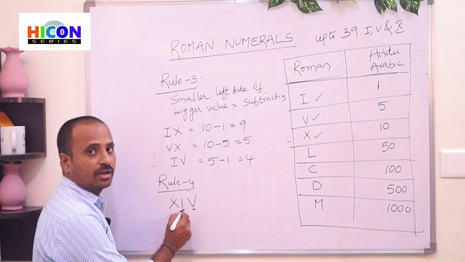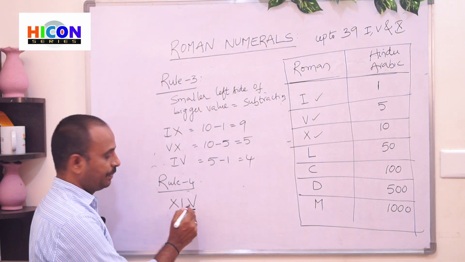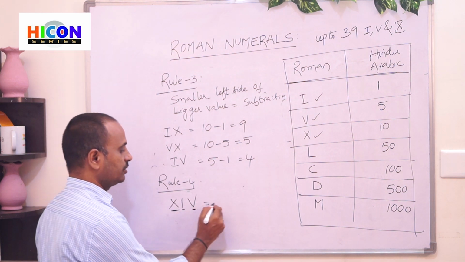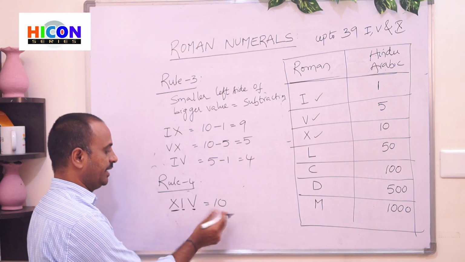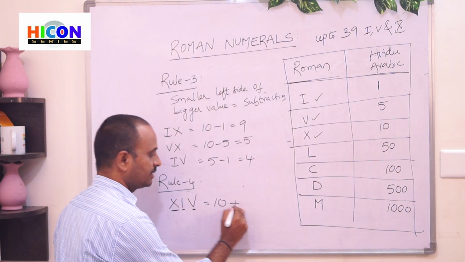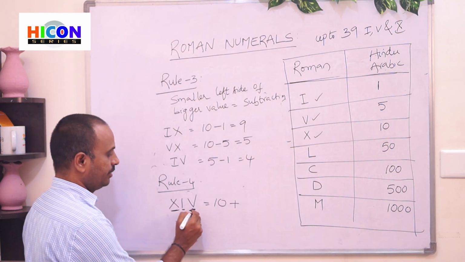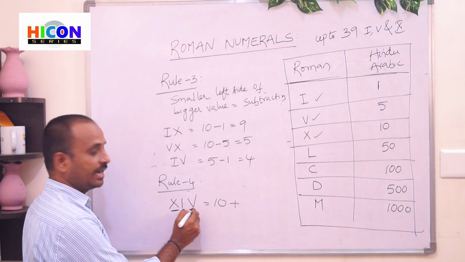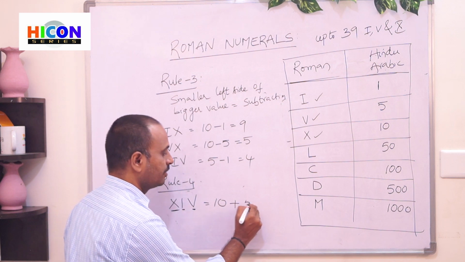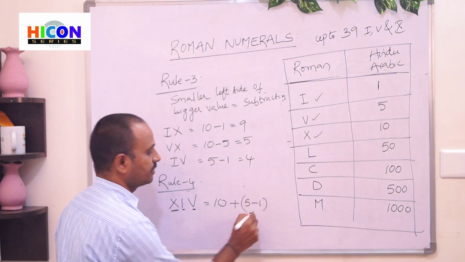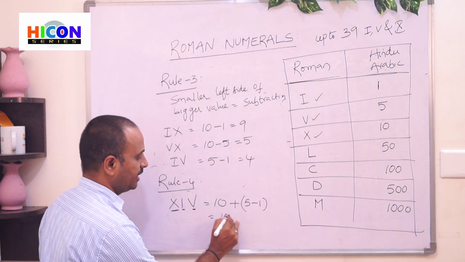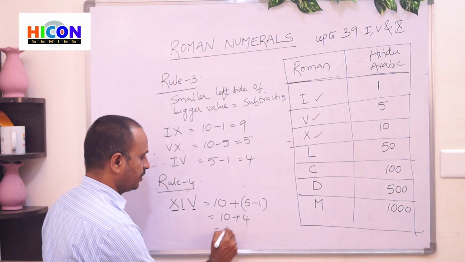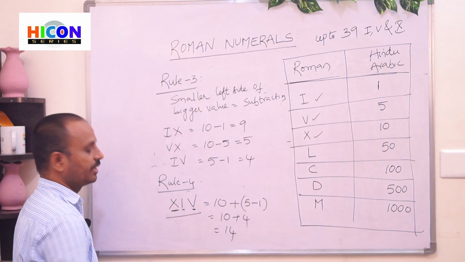The left side value should be written the same. X means 10 plus, and V means 5, I means 1. I should be subtracted from V. That means 5 minus 1, 4. So 10 plus 4 becomes 14. So this value becomes 14.